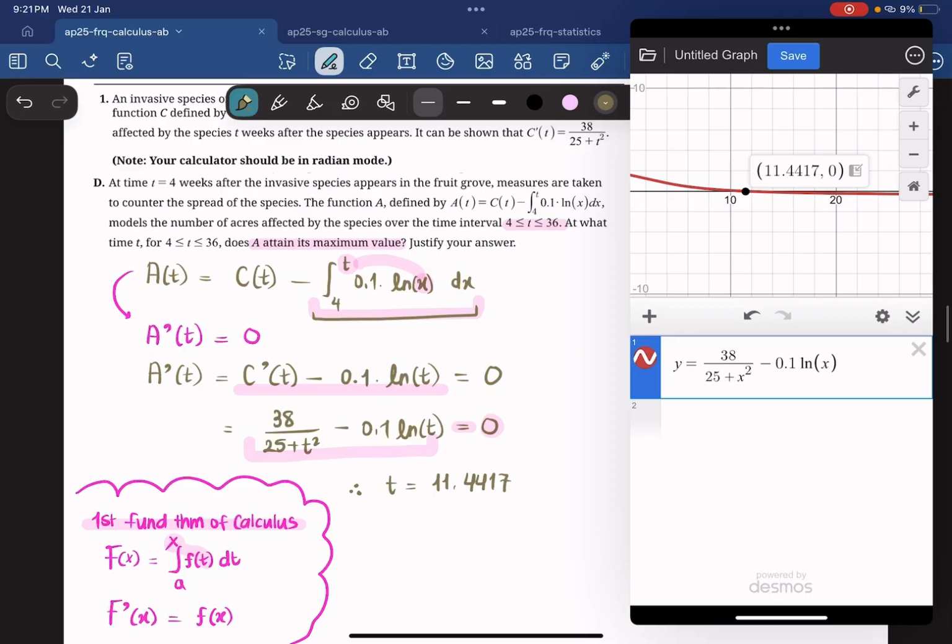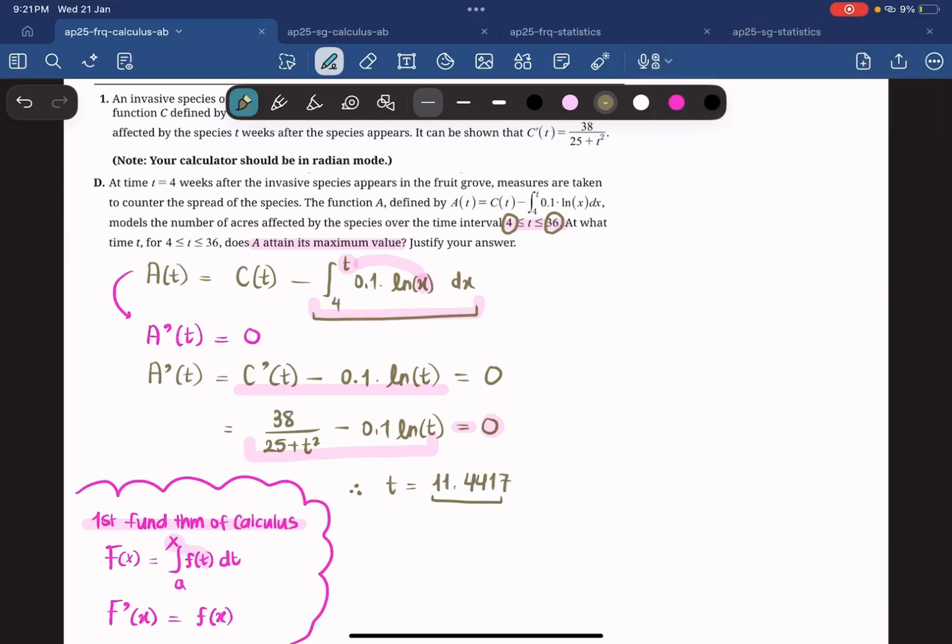So how do I get the maximum value? I must check the value of the function at time t equals 4, at 36, and at t equals 11.4417 before I conclude. So we're going to draw a table with t and A of t, for time equals 4, time equals 11.4417, and time 36.